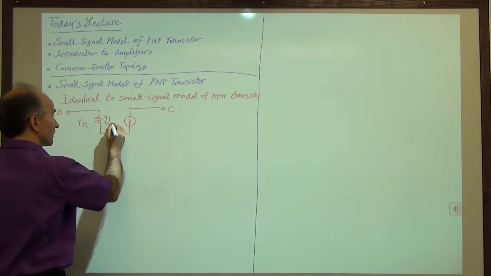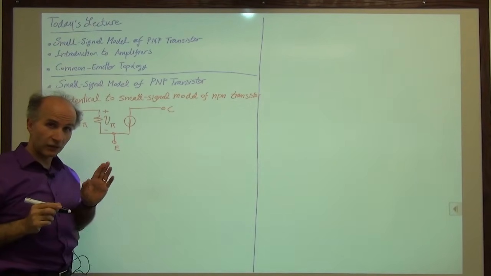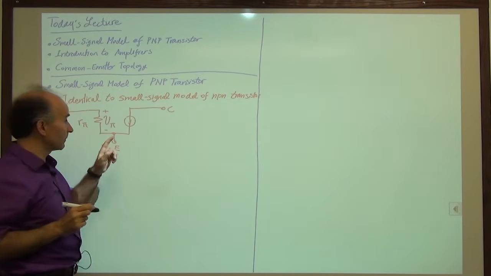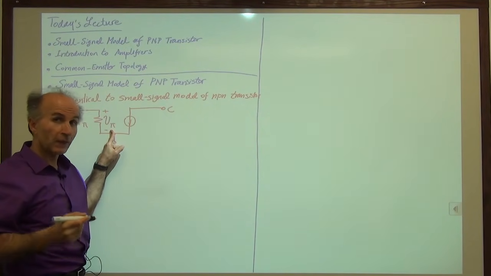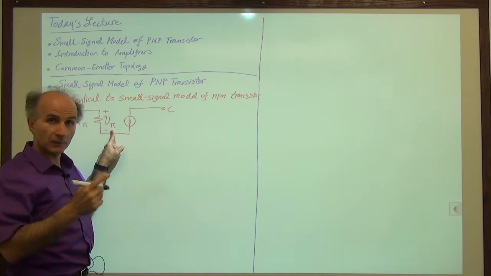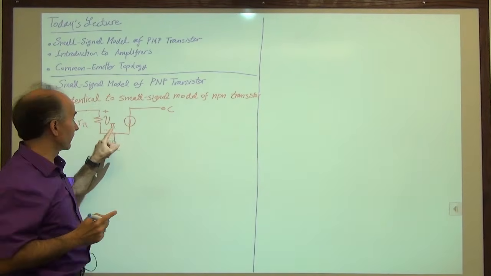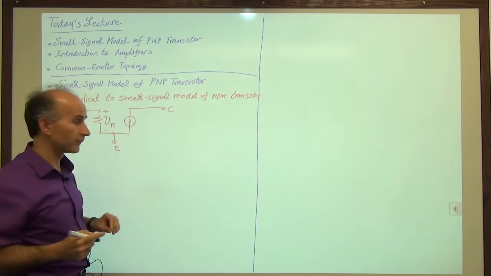So V pi is here, positive up here, negative here. It has not changed. V pi is a change in the voltage, not the absolute base emitter voltage. The absolute base emitter voltage in NPN is positive. In PNP, it's negative. But this represents only when a small signal comes in and it makes a change.